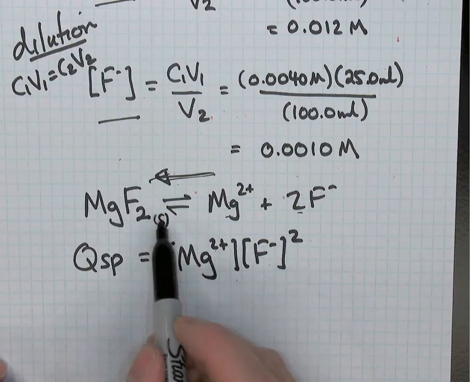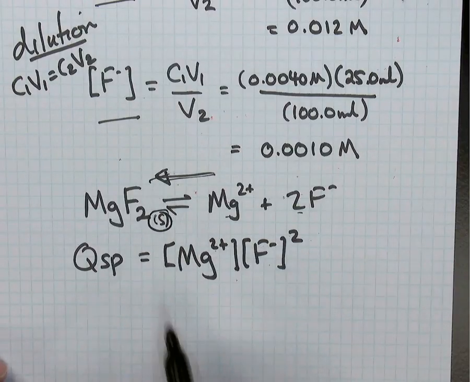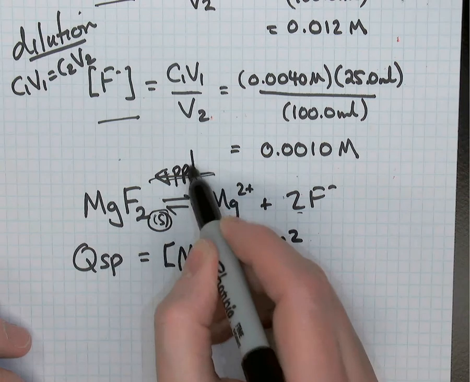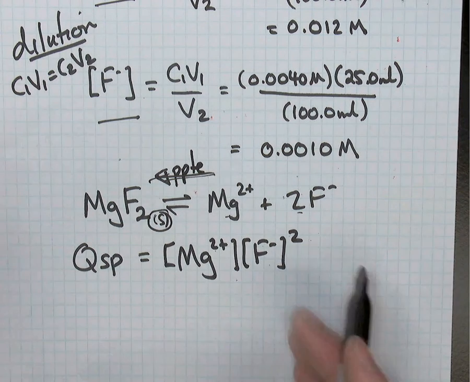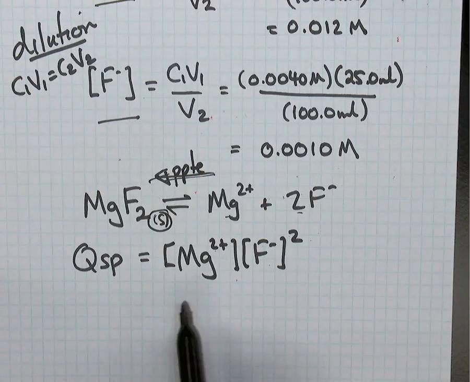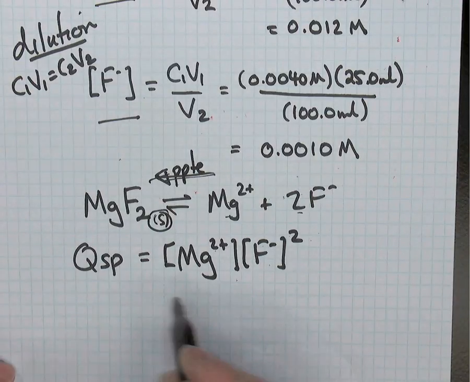Notice that in shifting backwards, we'd be forming solid magnesium fluoride. So we would see a precipitate, PPT, if the reaction shifts backwards. And the reaction would shift backwards if QSP is bigger than KSP.